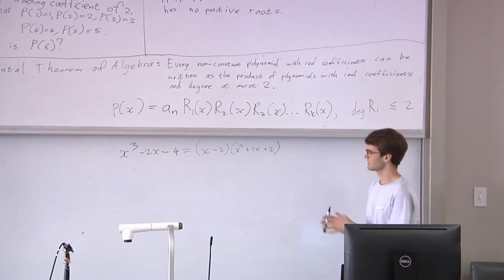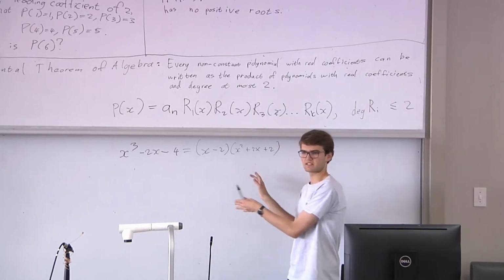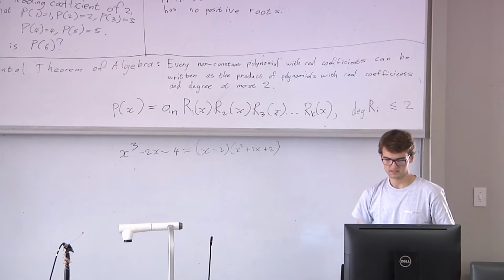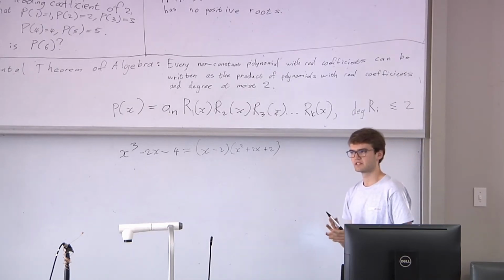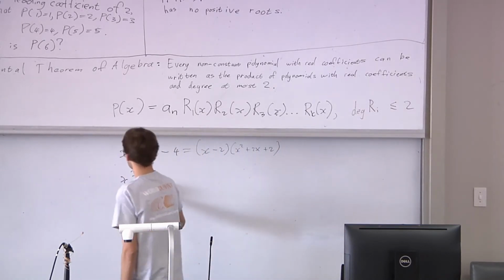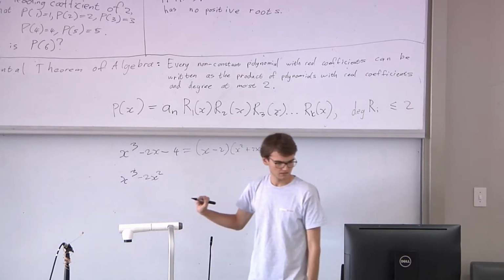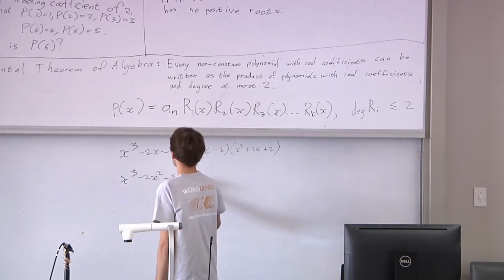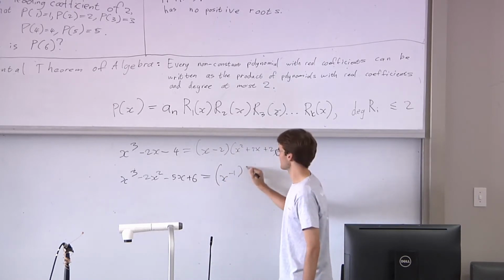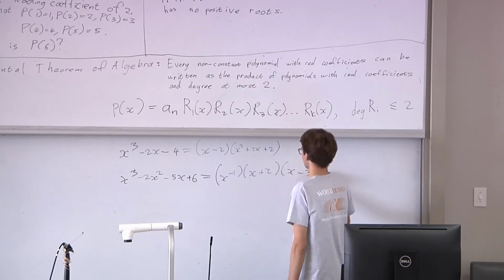It's not a particularly interesting example. It just shows that you can take a cubic and always factorize it into linear terms and quadratic terms. Okay? But you can also get all of the terms linear if you have the right polynomial. So something like x cubed minus 2x squared minus 5x plus 6 would be (x - 1)(x + 2)(x - 3).